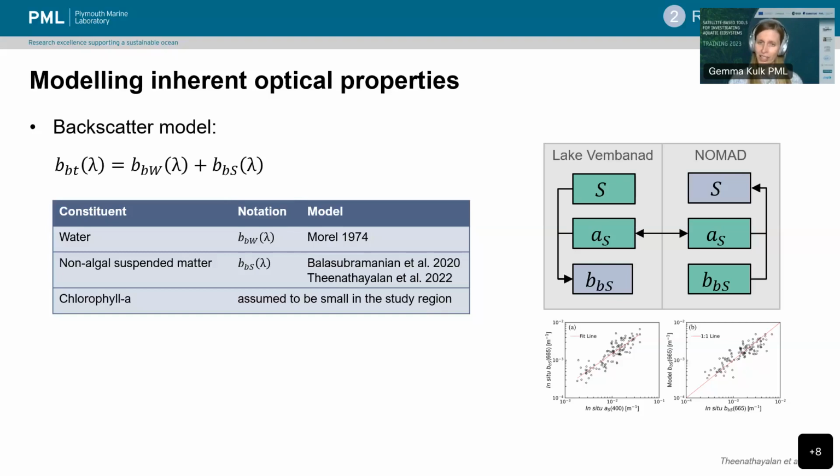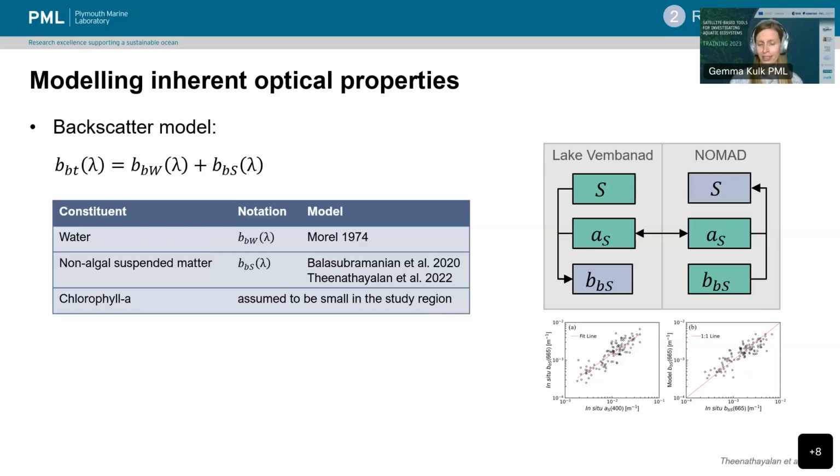Neither the in situ dataset from Lake Vembanad nor that from the NOMAD database included all the elements that we needed for the particle backscatter model. The in situ dataset from Lake Vembanad included measurements of the concentration of total suspended matter, which is S, and the absorption of non-algal suspended matter, which is AS, but not the backscattering of those particles.